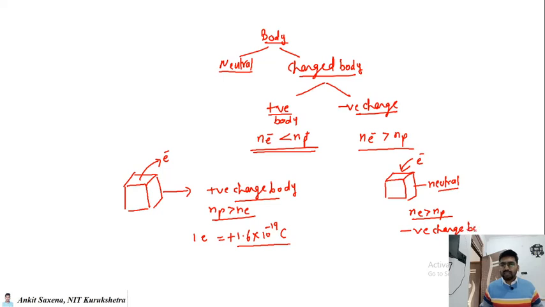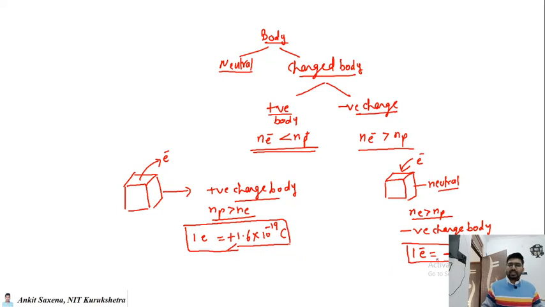Again, because this body gets one electron, it will get one electron charge, and this value is 1.6 into 10 to the power of minus 19 coulomb. Here we use the negative sign. This negative sign shows that the body gets negative charge, and the positive sign shows that the body gets positive charge. But the magnitude of one electron charge is the same.